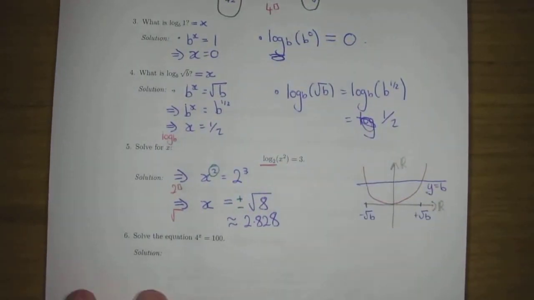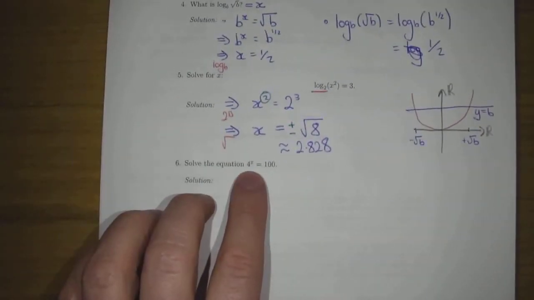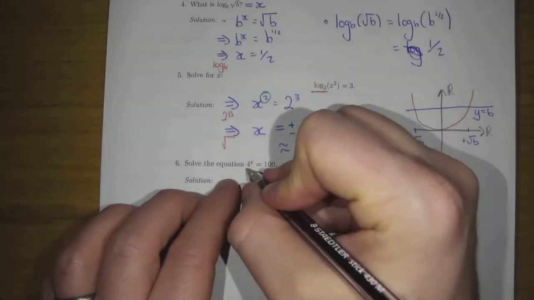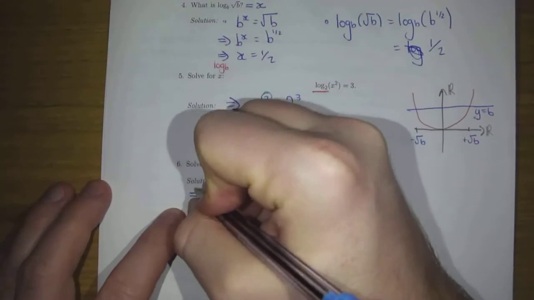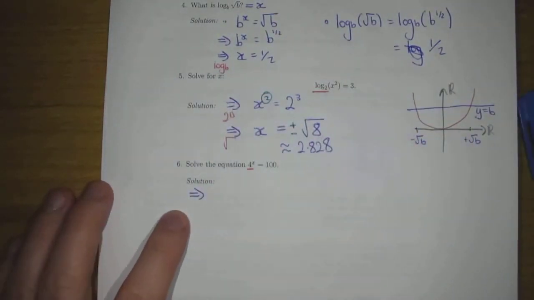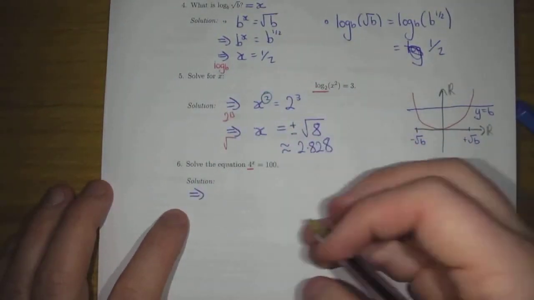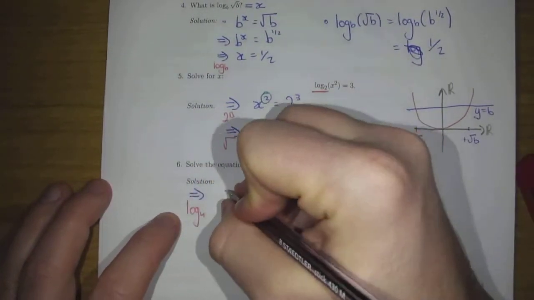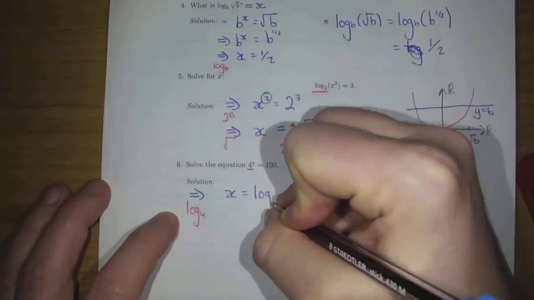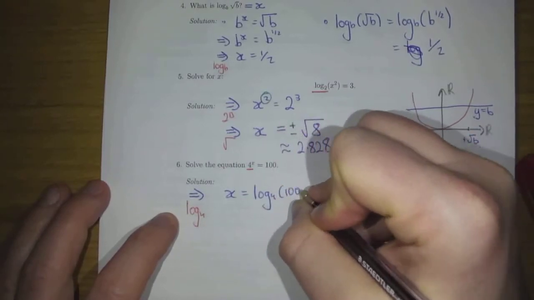Now what is the thing we're trying to get rid of here? It's the 4 to the power. That's the outside of the onion. What is the inverse of 4 to the power? You should start to think: log base 4. Apply that function to both sides and you get x is equal to log base 4 of 100.